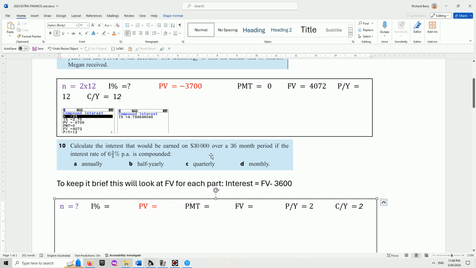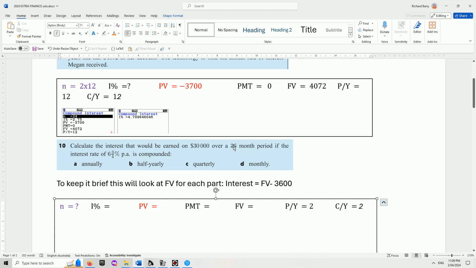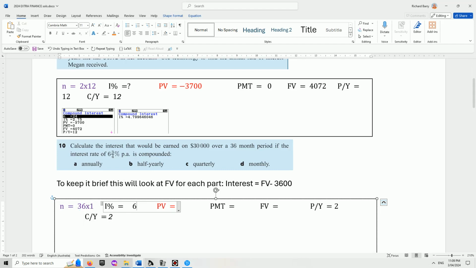Okay, here's a different question. So we're going to do this question several times. We're just going to do it with a different K number. Everybody happy? So the first one is annually, so that's 36 times 1. This is going to be 6.75 for every question.